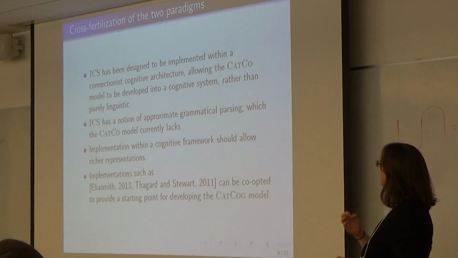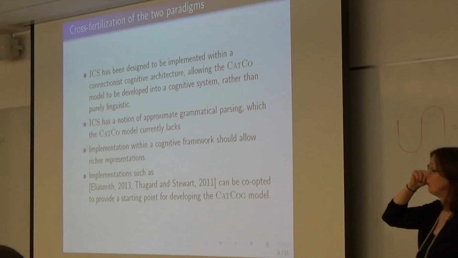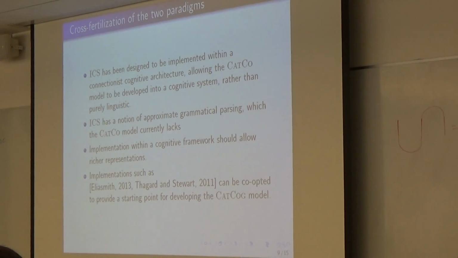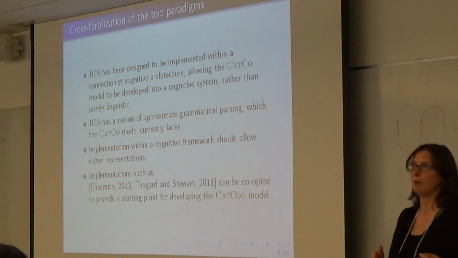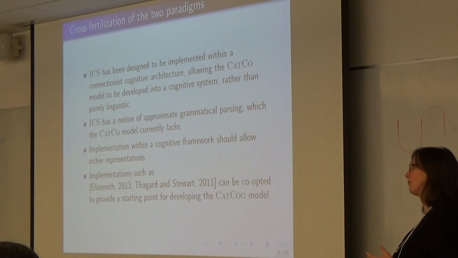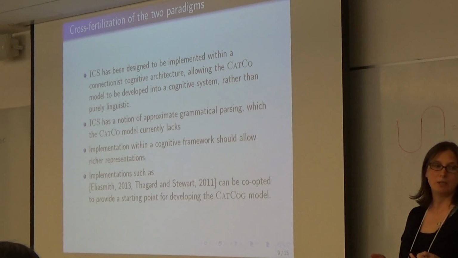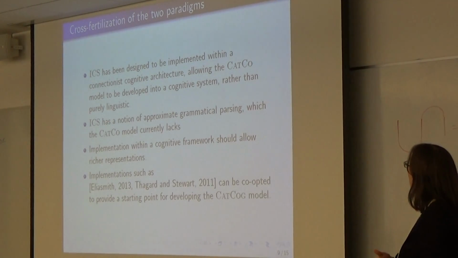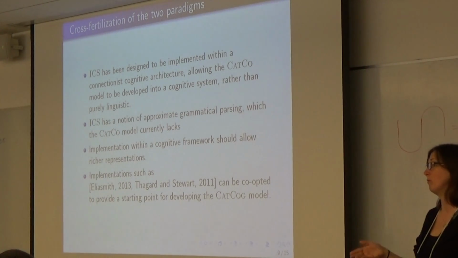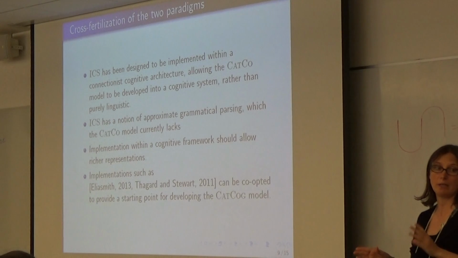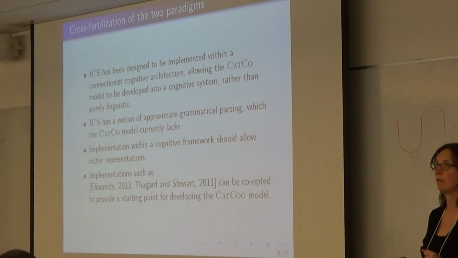So the ICS model has been designed to work within a cognitive architecture. And so we want to use the ideas from that in order to develop our model, which was originally developed just for natural language processing, into a cognitive system. The ICS model also has a notion of approximate grammatical parsing, which at the moment we don't have at all. We've just got that it's either grammatical or ungrammatical.